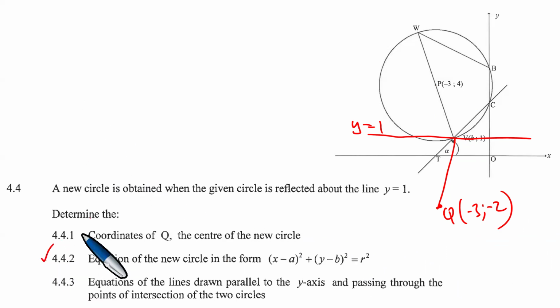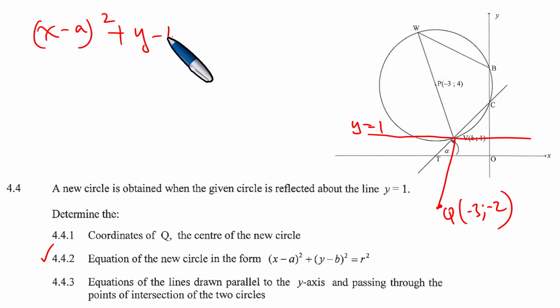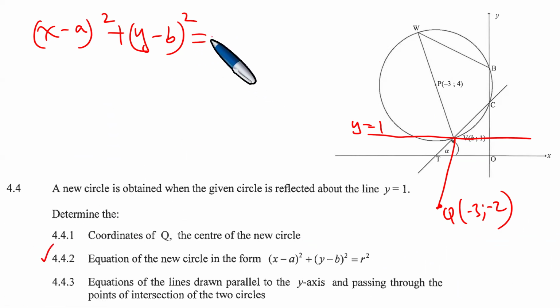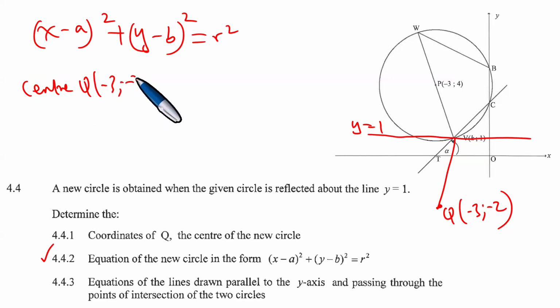Right, so we're looking at 4.4.2. The equation of a circle is (x minus a) squared plus (y minus b) squared equals the radius squared. Okay, now take note of these. So this is r squared. The center is Q with the coordinates minus 3, minus 2.